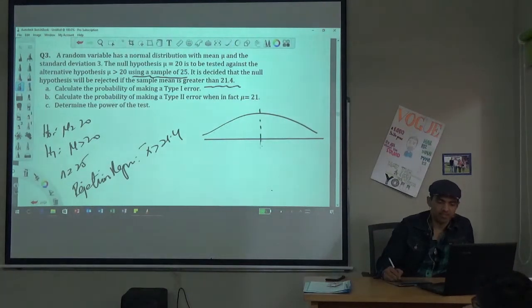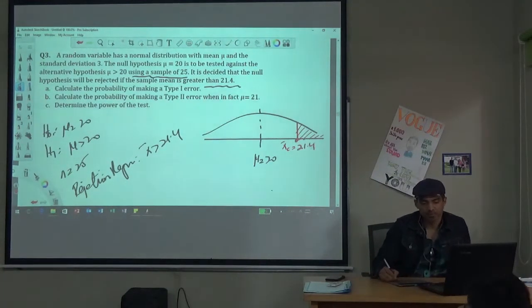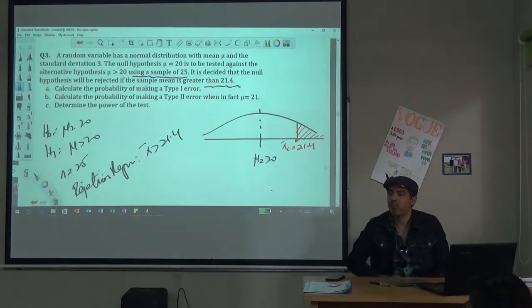Situation is something like this. You have your null hypothesis right in the center, and the rejection region, it's a one-tailed test towards the right. The critical value is already given to you, 21.4, the x critical.